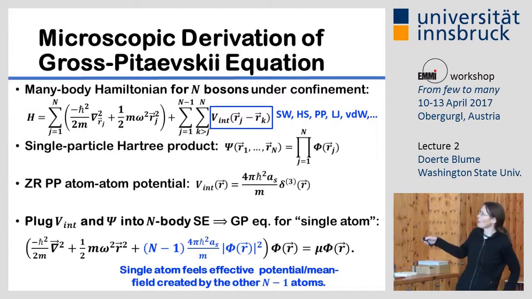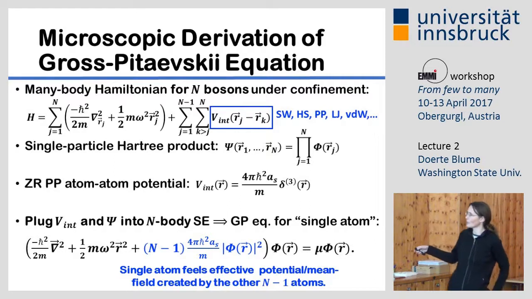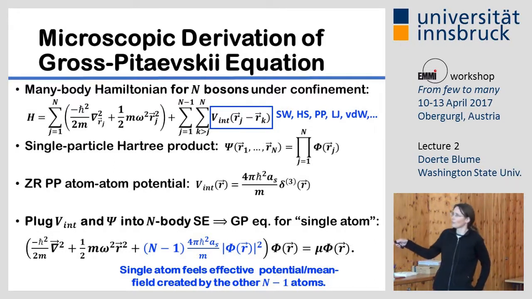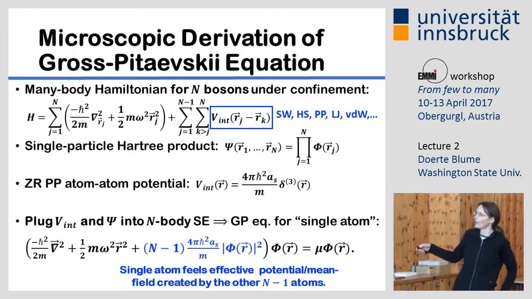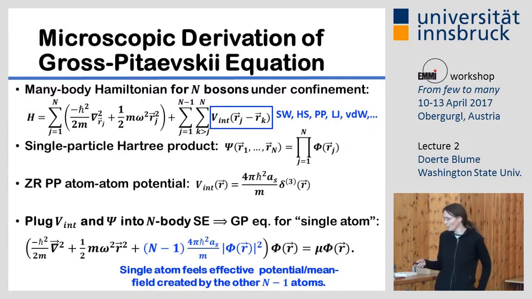If we use a zero-range interaction or pseudo-potential, with no regularization, and a simple product over single particle states, and put these two assumptions into our many-body energy expectation value and vary with respect to phi and phi star, what we find is that we do get the Gross-Pitaevskii equation.